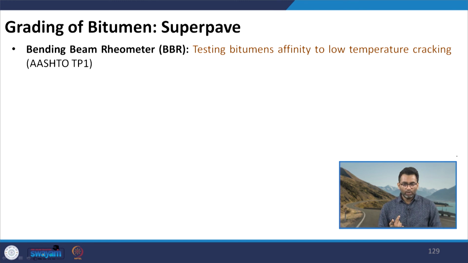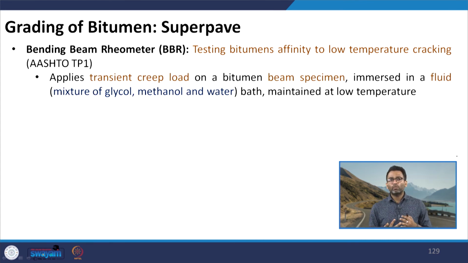In the bending beam rheometer, we are trying to test the affinity of the bitumen sample to low temperature cracking. What do we do in the bending beam rheometer test? We apply a transient creep load on a bitumen beam specimen. A beam specimen of the bitumen is prepared, and it is immersed in a fluid.